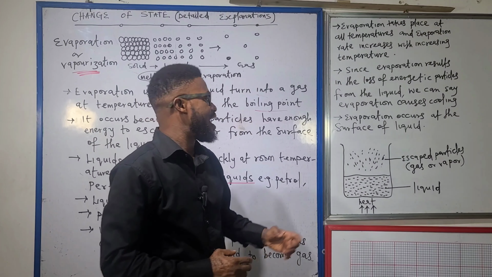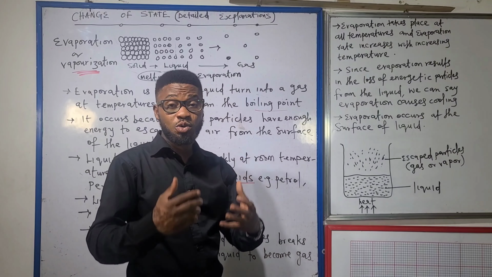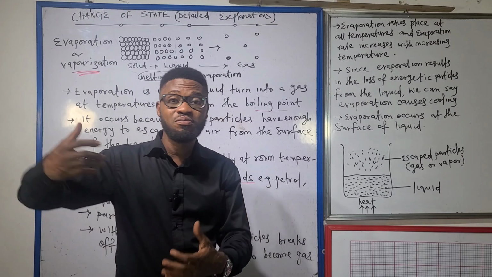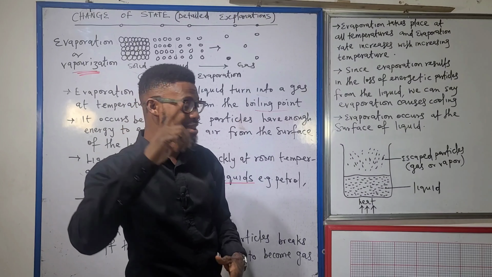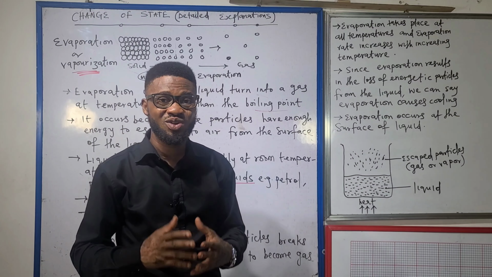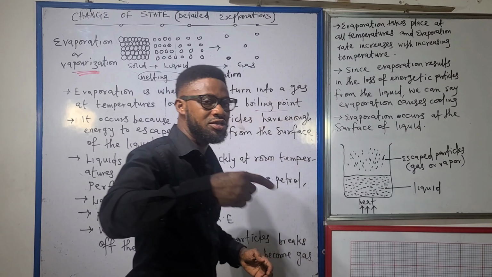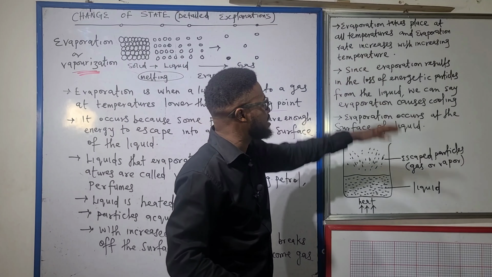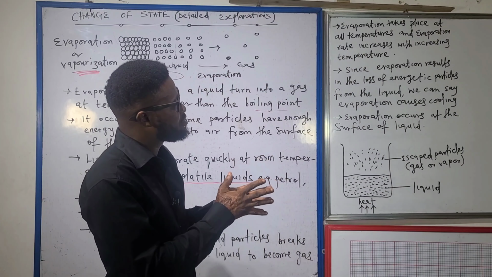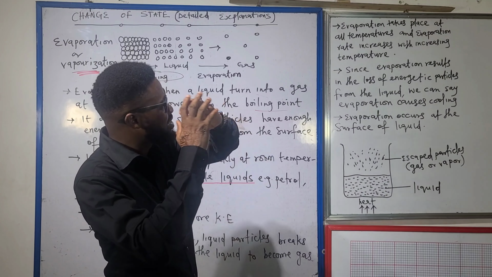Because why? At 80 degrees Celsius, the liquid particles would have acquired even greater kinetic energy than at 50 degrees Celsius. So we say the more the temperature, the more the rate of evaporation. That's why I said evaporation rate increases with increased temperature.